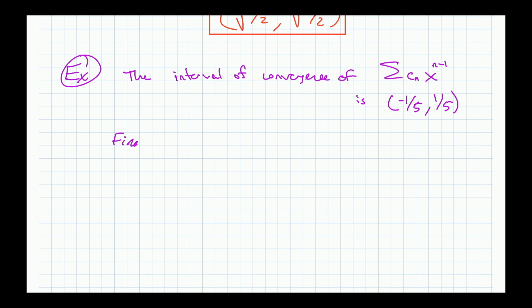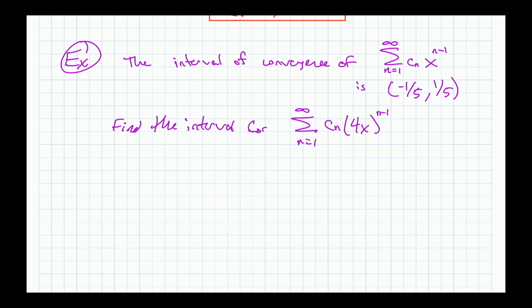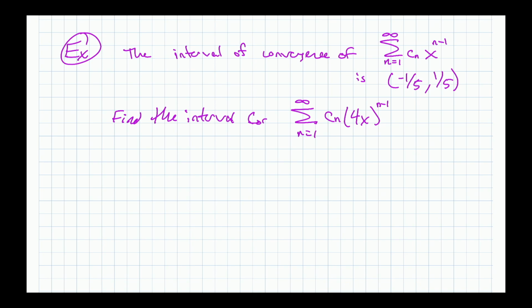Find the interval for the series Cn 4x to the n-1, 1 to infinity. This was also 1 to infinity. All right, this is just like what we did, but it's going to be a lot easier, right?